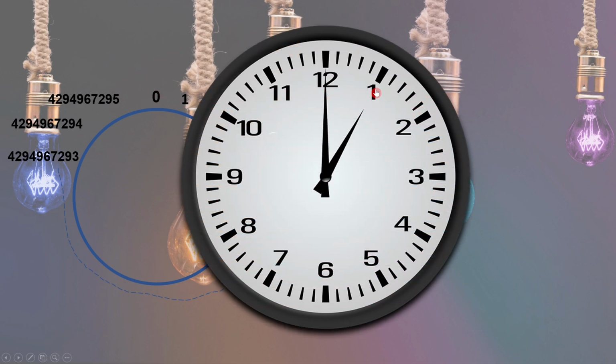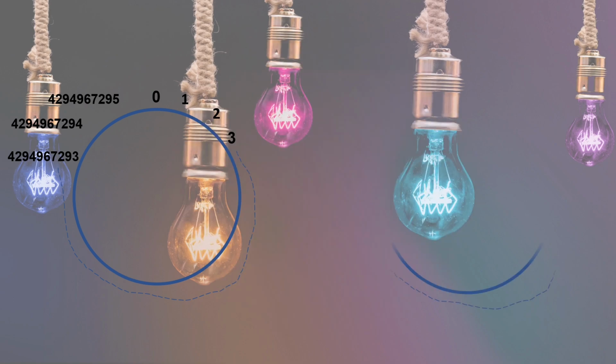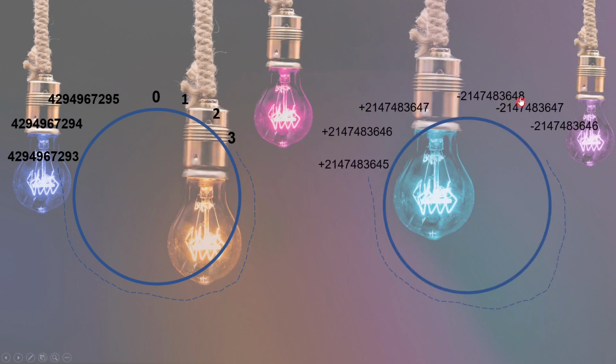Therefore, in a similar case where the range of a signed integer is from -2147483648 to +2147483647, when we try to exceed the maximum value, that is +2147483647 to +2147483648, we actually get this value, -2147483648.